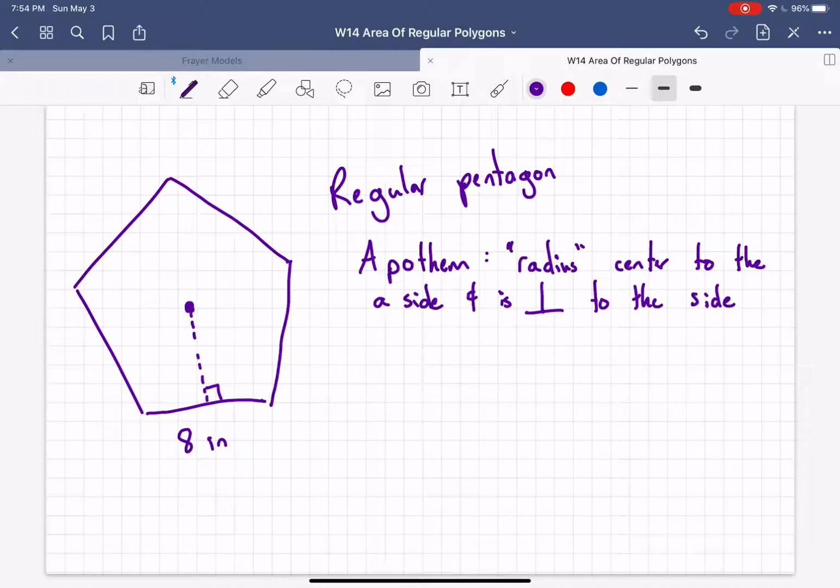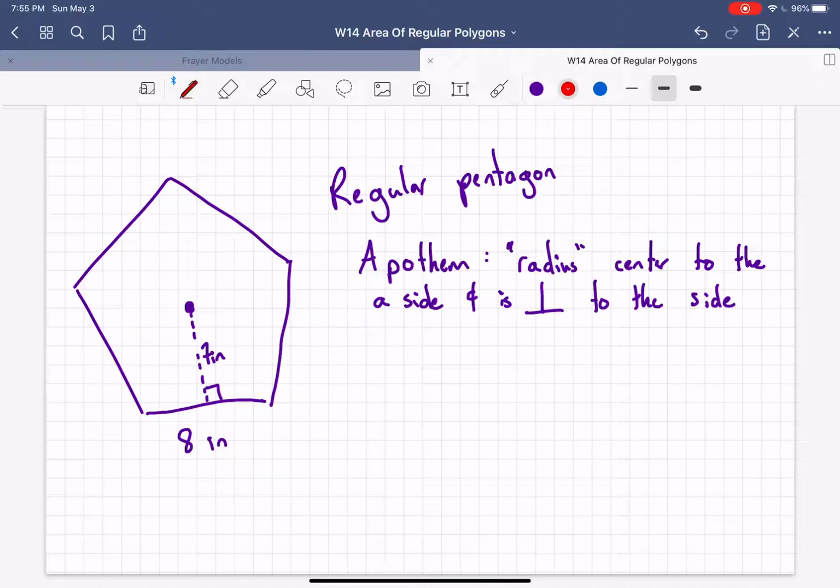And unfortunately, these formulas are not really the most simple. So what we have to do next is to try to think, how can we break this shape down into shapes we do know how to find the area of. So let's say the apothem here is 7 inches. And we have to know those two pieces of information.